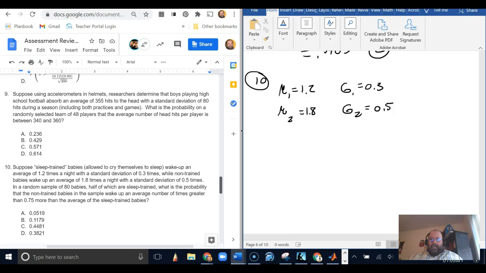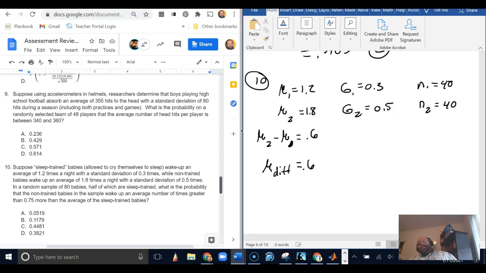So what I've done is I've pulled 40 from each of these, because half of my sample is coming from each of these. So here's the problem. If I take mean 2 minus mean 1, that value should be 0.6. The mean of the difference is 0.6.